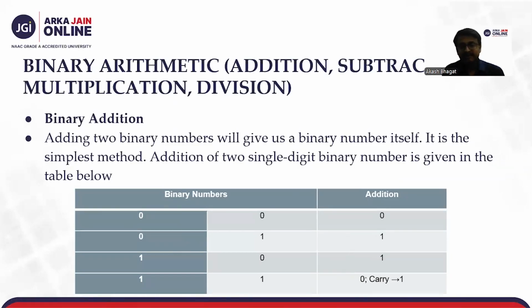What is the result of addition of two binary numbers? 0 plus 0 is 0, 0 plus 1 is 1, 1 plus 0 is 1, and 1 plus 1 is 1 0, that is 0 with carry 1. So this is binary addition.